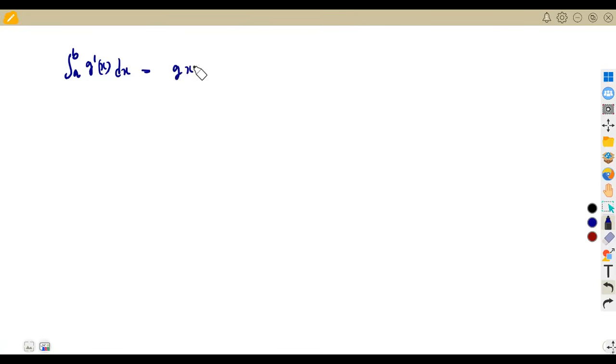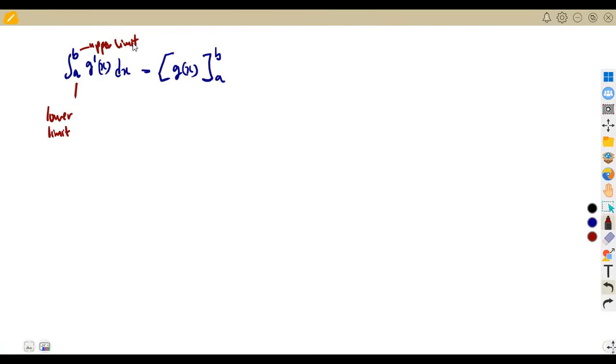We are going to obtain g of x, having our limits b and a, whereby we are representing a as the lower limit of our integration, and b being the upper limit.